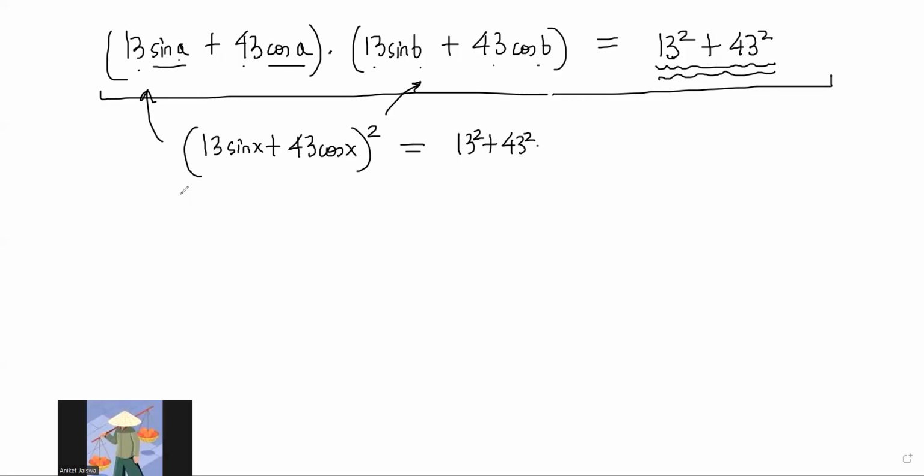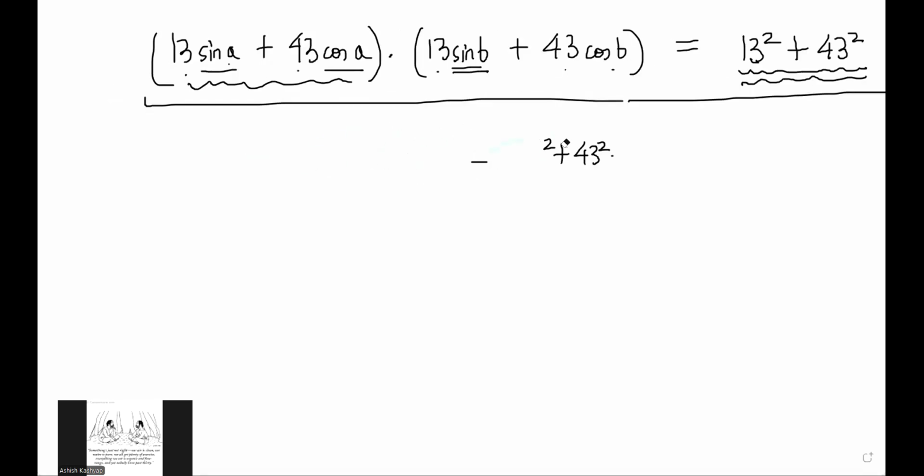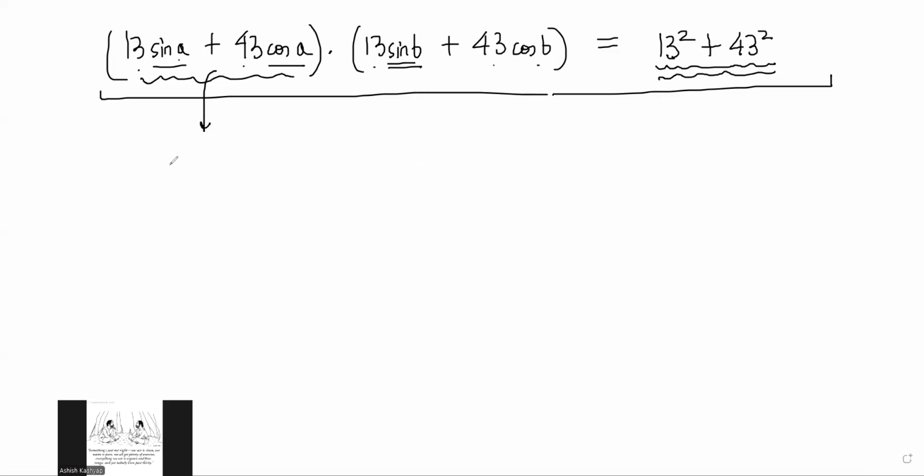Ultimately, you should realize that the pattern is the same, right? It is not like there was a sine of B here and a cos of A here. Another way to think about it is that this expression will be less than or equal to root over 13 square plus 43 square, right?